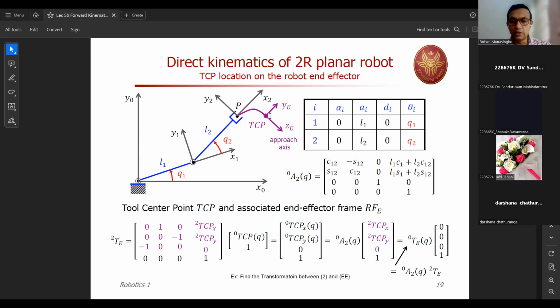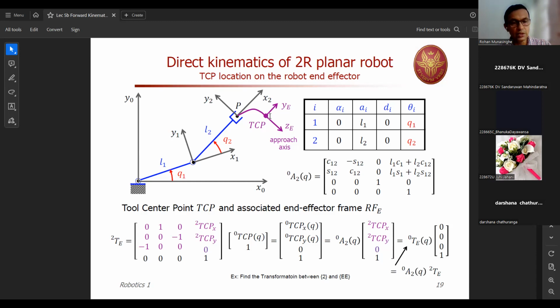Probably this is the tool that you connect to the last link of the manipulator. So the tool has its end point, and that is what is called the tool center point, TCP. So the end of the manipulator and the tool center point are two different points. So therefore they have their own coordinate frames.